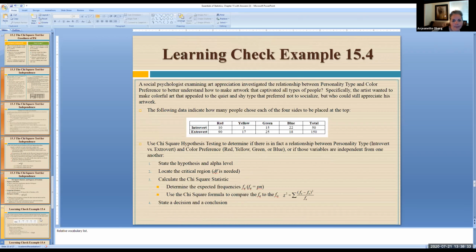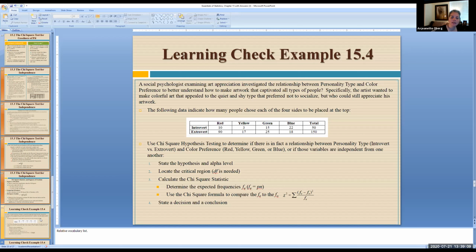Okay. So here is a learning check that's in your book. Older editions, not the newest, but 15.4 is the example. And it's looking at personality type and color preference. And personality type, either you're categorized as an introvert or an extrovert, and is there a preference color? Is there a red, yellow, green, or blue preference color? So do we see preferences in color based on your personality type?